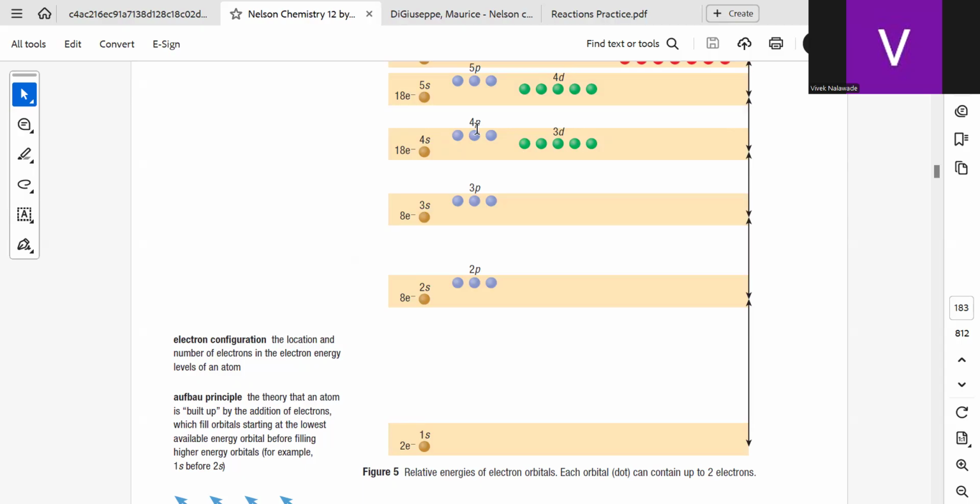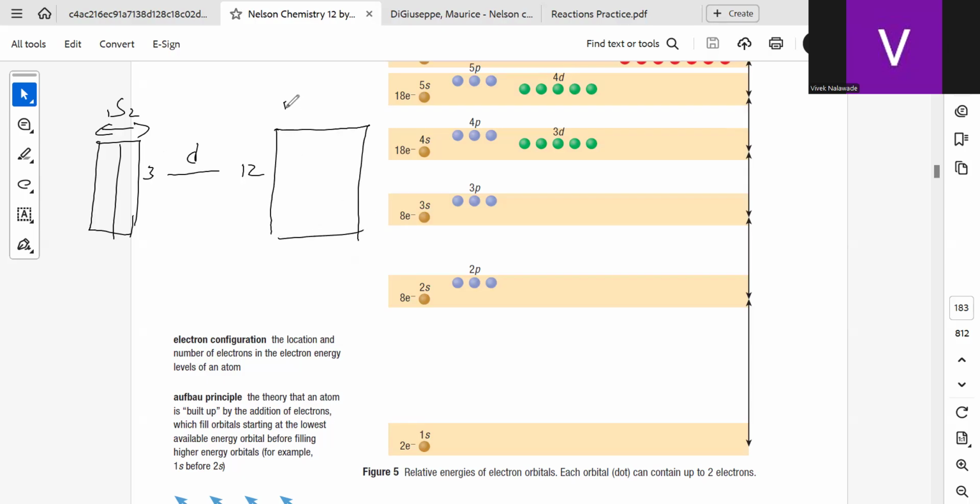I didn't tell you this concept in that class, but what I told you is that when we have the periodic table in front of us, we know that the first two groups are s, groups 3 to 12 are d, then we have 13 to 18, which are p, and at the bottom we have f.